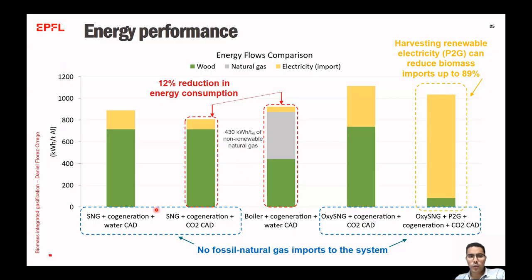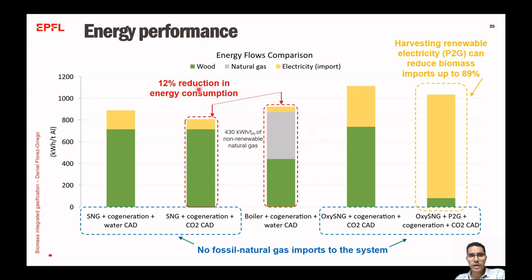We see that when we produce synthetic natural gas, and we use also oxy-combustion or normal combustion of this synthetic natural gas in the aluminum remelting plants, we can get rid of a large amount of fossil natural gas that needs to be imported in the case that we do not produce synthetic natural gas because we are using the biomass directly in a boiler.